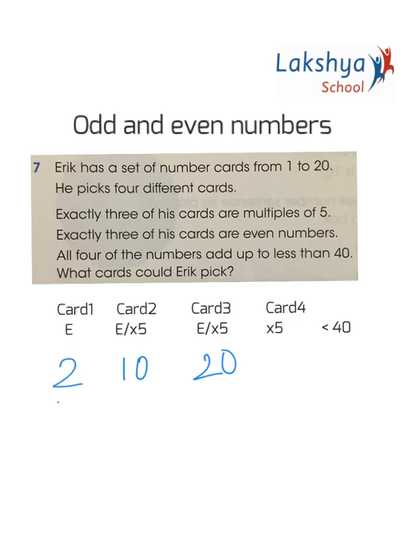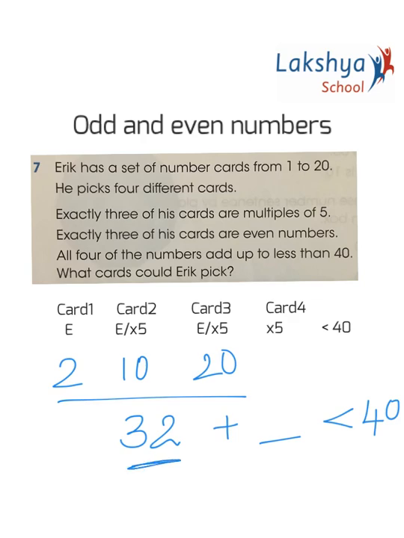Now let us add up these numbers. I get 32. 32 plus how much is less than 40? If I put 10 over here, it becomes even as well as a multiple of 5. Since it has to be a multiple of 5 and an odd number, I need to write 5, and it adds up to 37, which is less than 40. You can try your own numbers too.